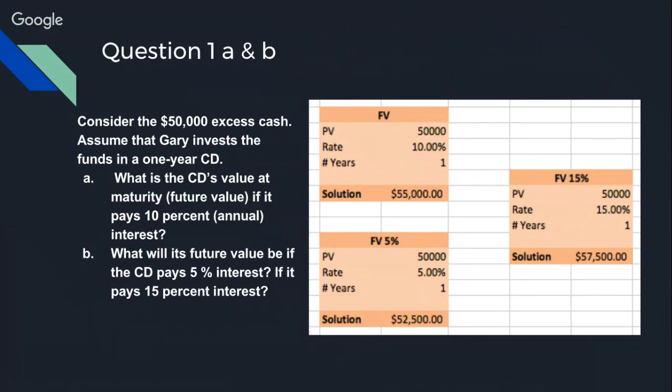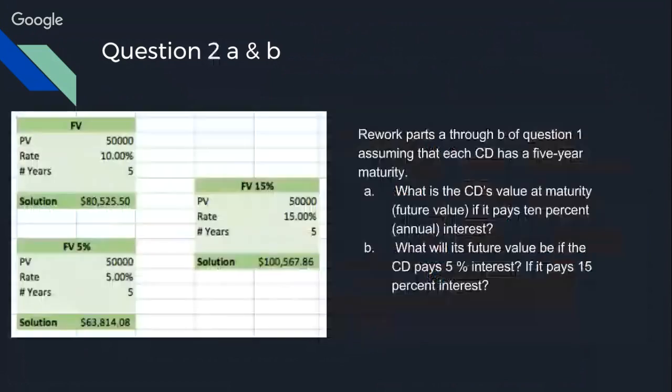So each of those, we're just looking at different rates and using our future value solution to find how much money we'd be making given our different interest rates. For questions 2A and B, we're basically reworking parts A and B from question 1, but this time we're assuming that the CD has a 5-year maturity instead of the 1 year here. So same questions, just looking at a different number of years.